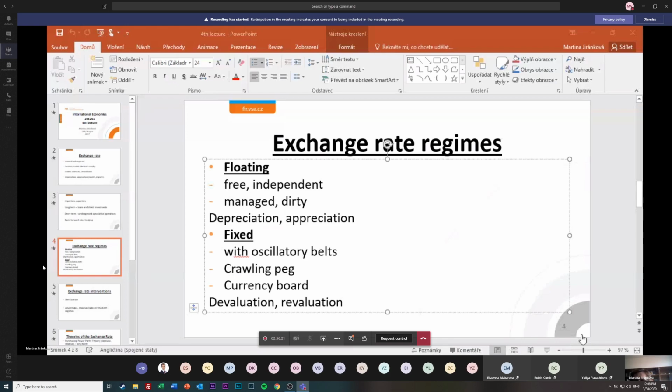So, and now I would like you to understand what's the difference between floating, managed floating, and the fixed exchange rate. It's sometimes badly understood by students. So, floating means that the exchange rate is fixed according to the demand and supply in the currency market. Me, as a central bank, can enter the currency market and influence the exchange rate. But otherwise, it's floating.